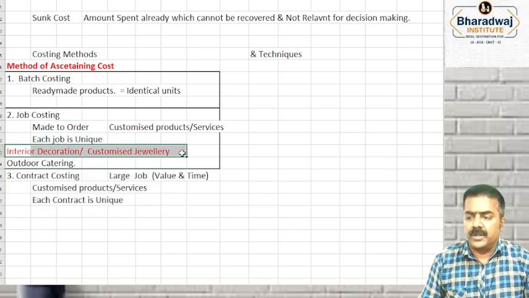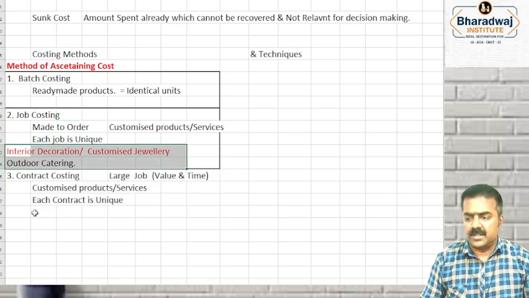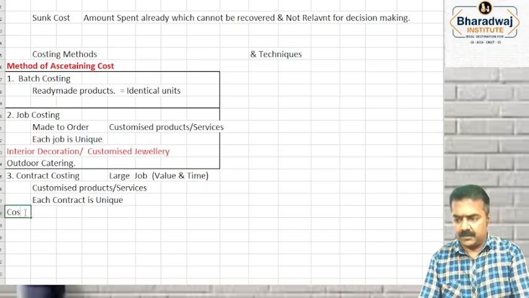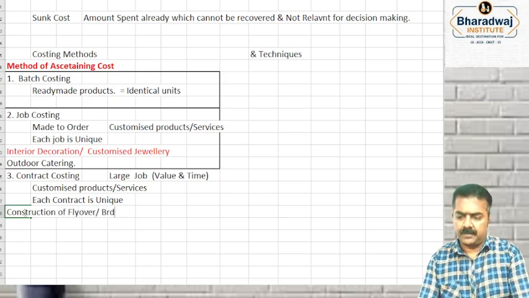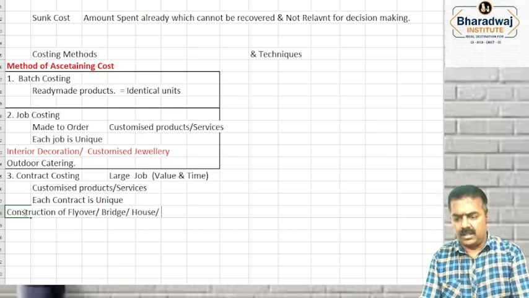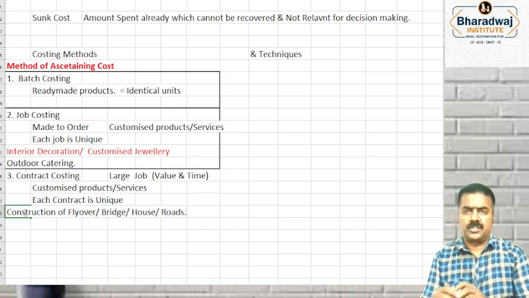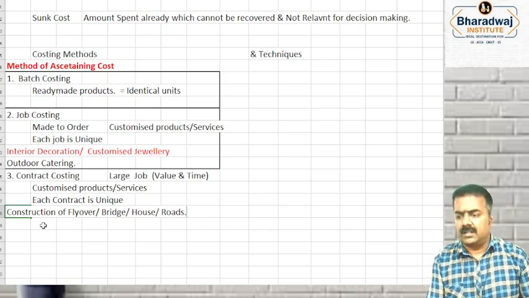Interior decoration, I told you, comes under job costing. What about construction of a flyover or a bridge or a house, or even roads, construction of roads and other things? Clear?